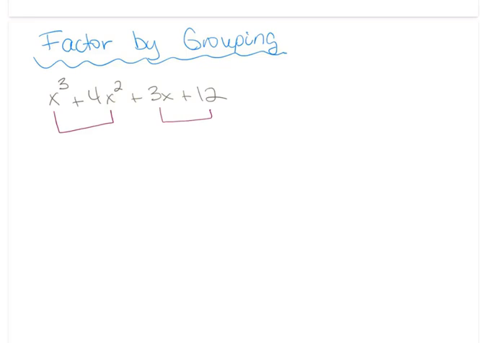And then now I'm going to go right back to where I was, where I'm going to try and pull out that greatest common factor. So between these two, we said they had an x squared in common, right? So we got an x squared. And then what do we have to multiply by? X plus 4.